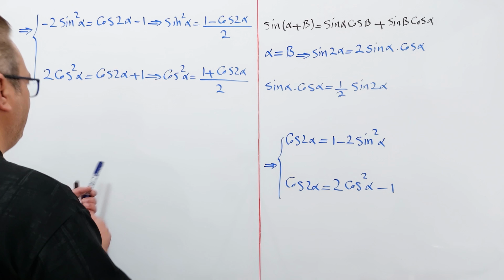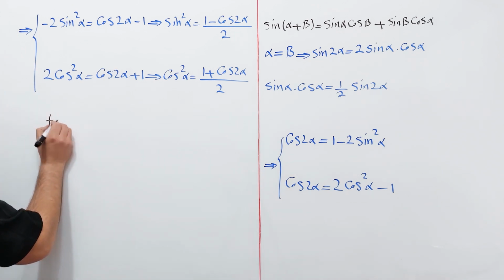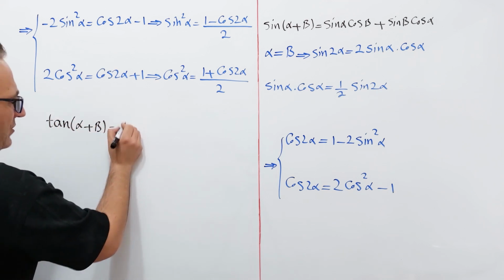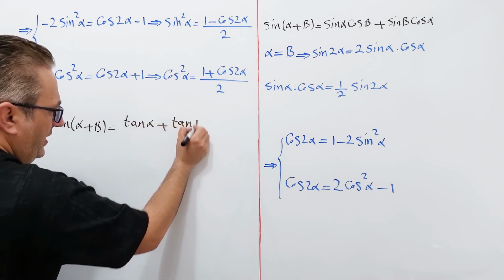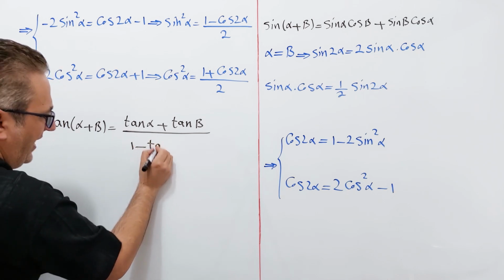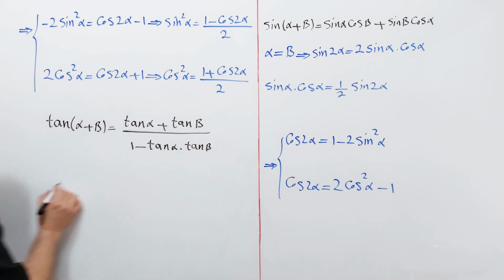Okay? And finally, we know that tangent of alpha plus beta is equal to tangent alpha plus tangent beta, divided by 1 minus tangent alpha times tangent beta.